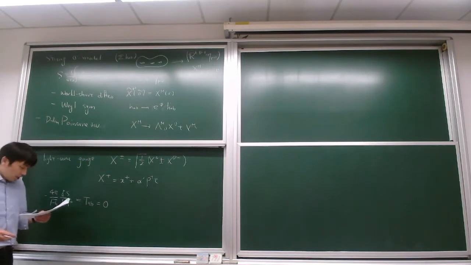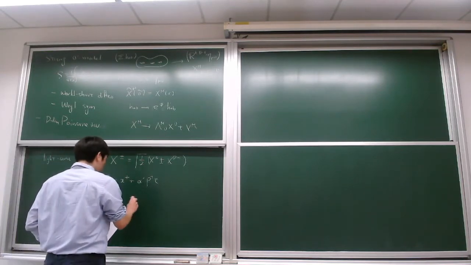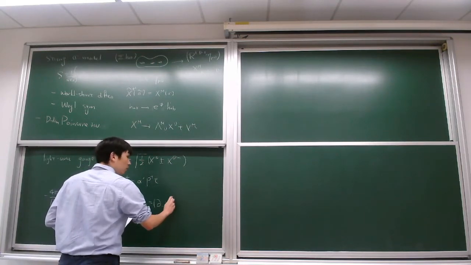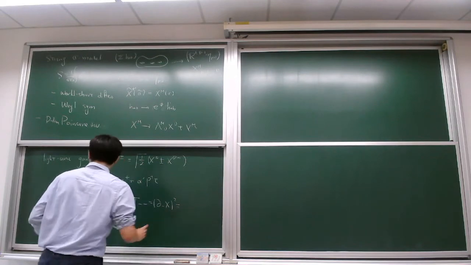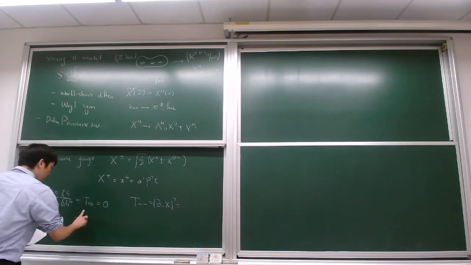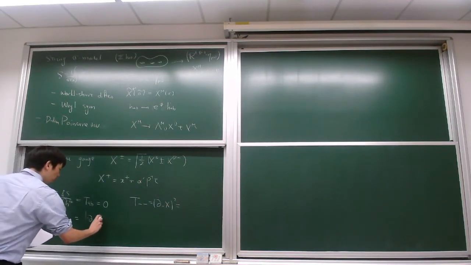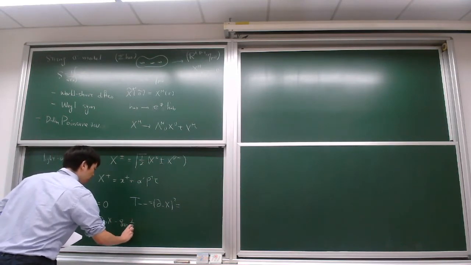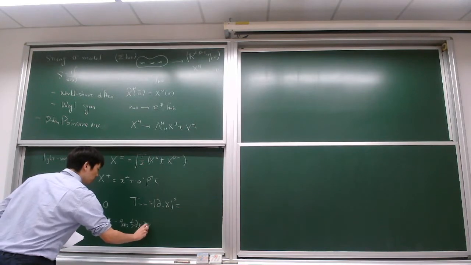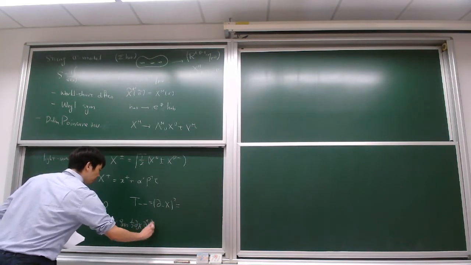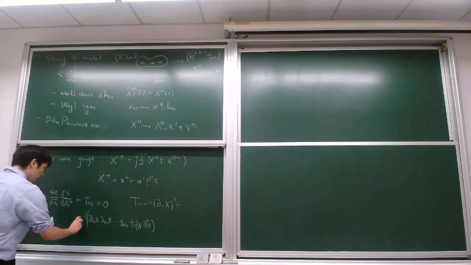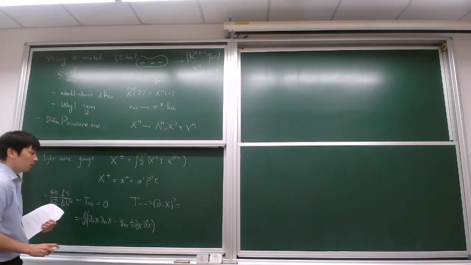So therefore, what we have learned is that T_minus minus, X squared, is equal to 0. Indeed, this is equal to, as we learned last time, partial_a X partial_b X minus g_ab times 1/2 partial X partial X, up to some constant I already forgot, minus 1 over alpha prime.